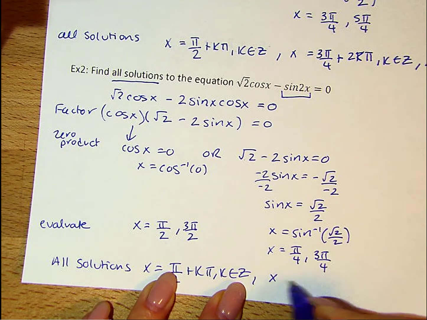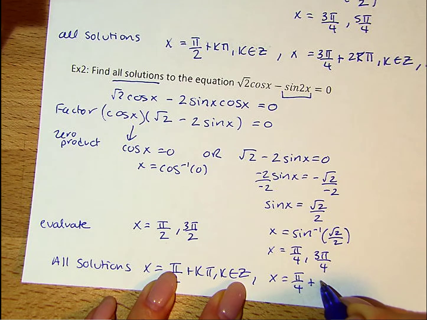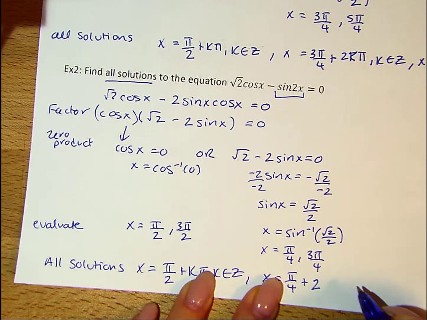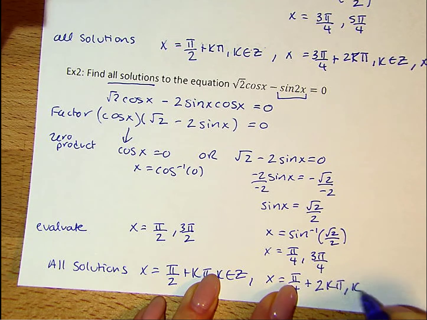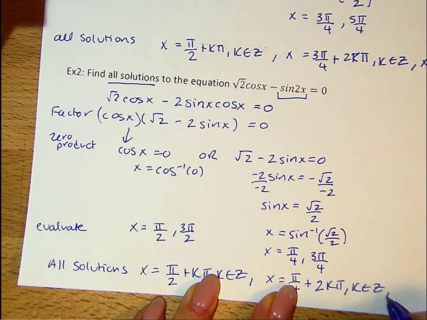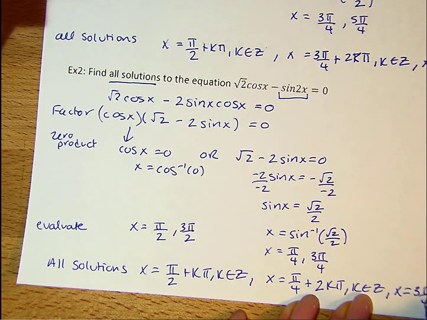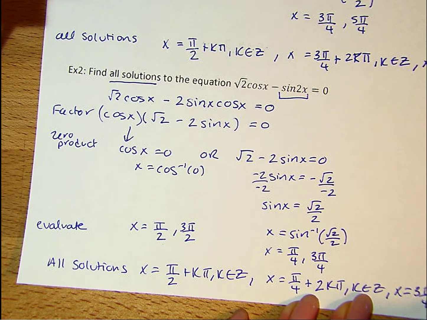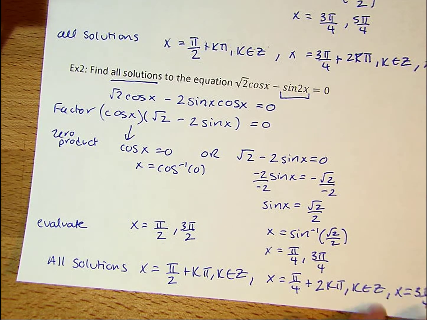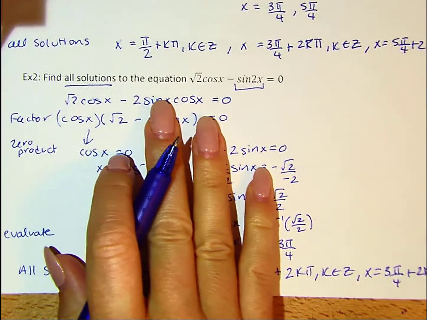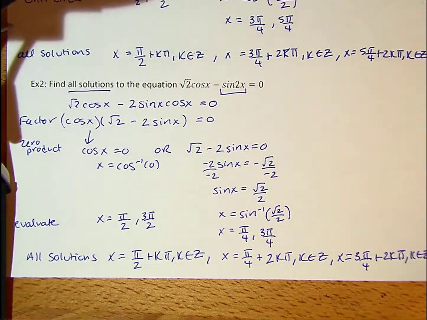And then we'll follow suit here. Pi over 4 plus, we need to add that rotation of 2 pi. And sorry, that went off screen a little bit. And those are our final answers.